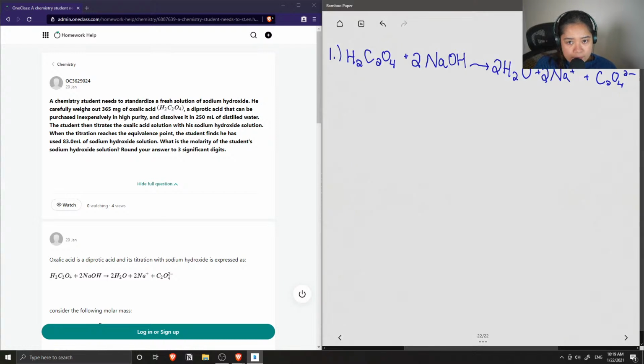So the first step is to find the number of moles of oxalic acid that is just in solution, I suppose. So first let's find the molar mass.